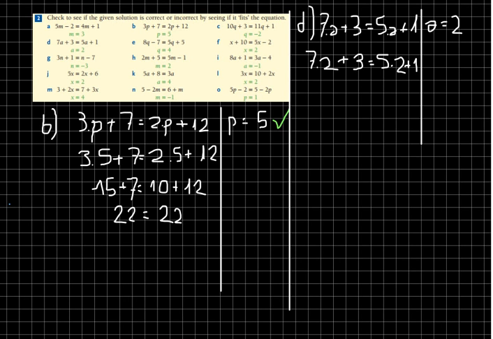So let's start. 7 times 2 is going to be 14 plus 3, and that must be equal to 5 times 2 is 10, 10 plus 1.